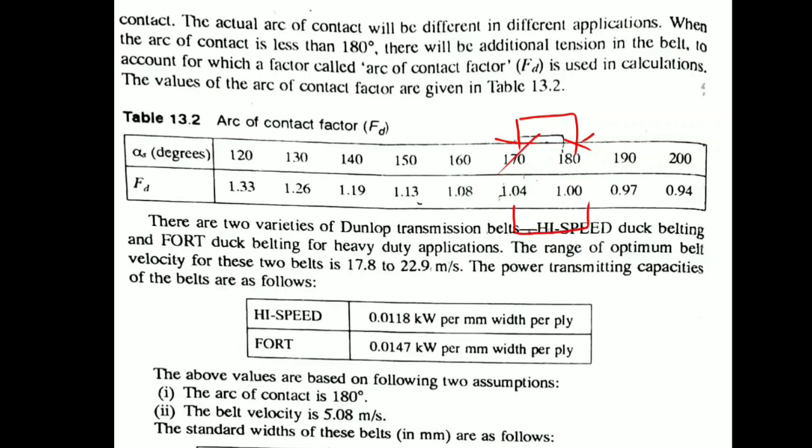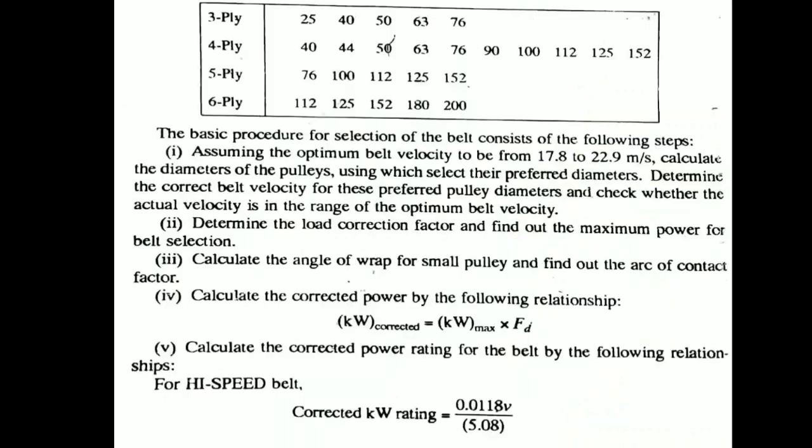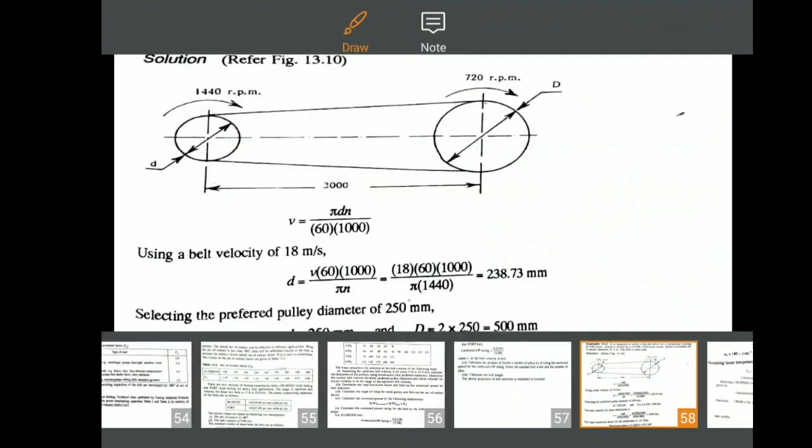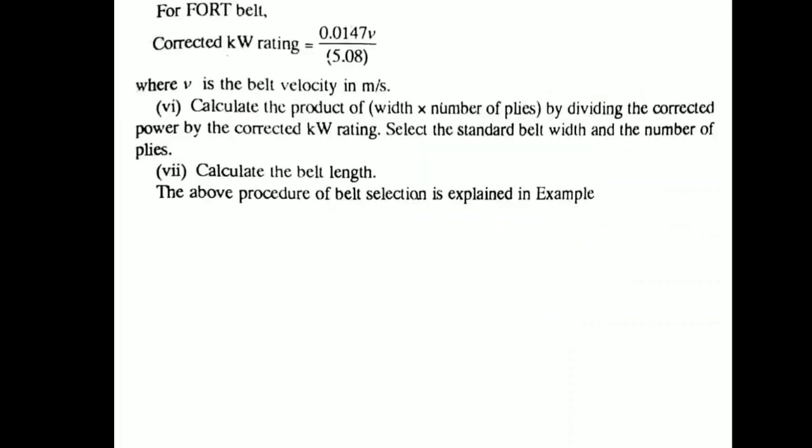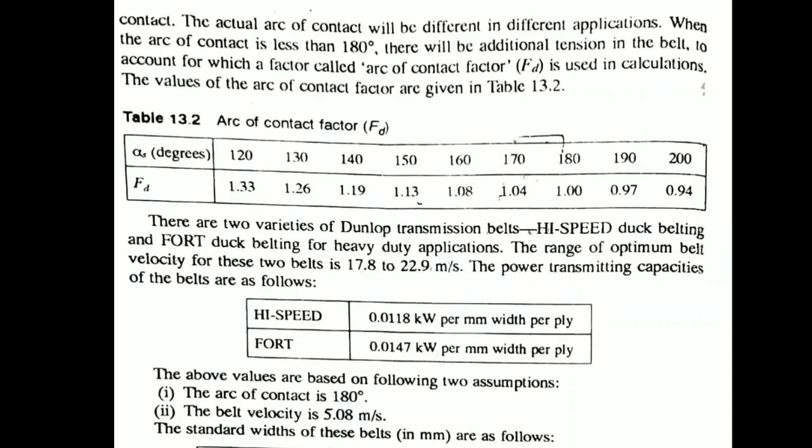See here, FD is equal to 1 plus 0.4, 0.4 remains, into 180 minus answer divided by max minus minimum. Understood? From the chart, it is situated in between 170 to 180.